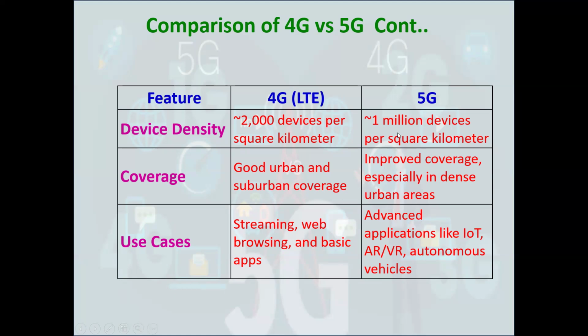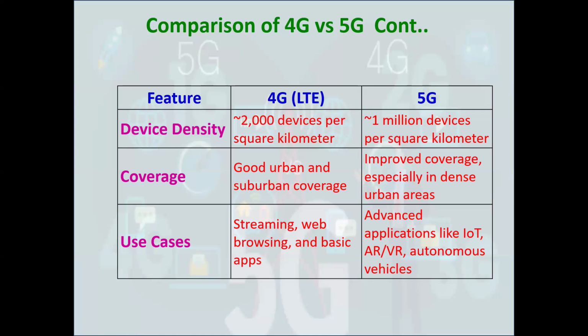Next, the 5G. 5G networks are designed to handle up to 1 million devices per square meter. But in 4G, only 2000, not 20,000, 2000 devices per square meter.